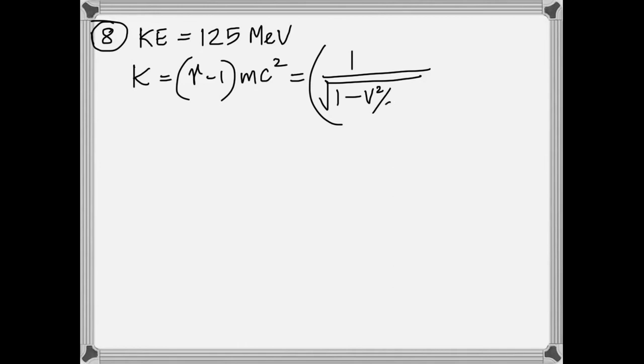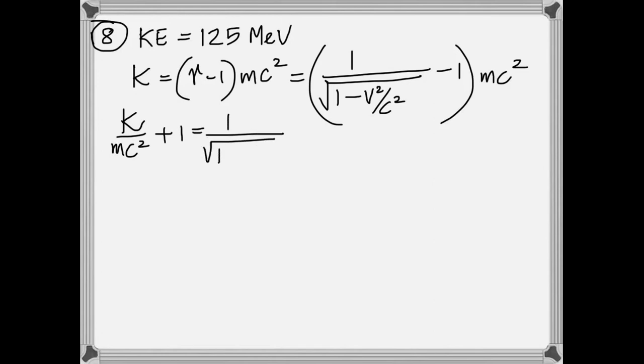That's (gamma minus 1) mc². We know the value of mc², and K by mc², because we have to make velocity the subject. You have to separate v now from that.